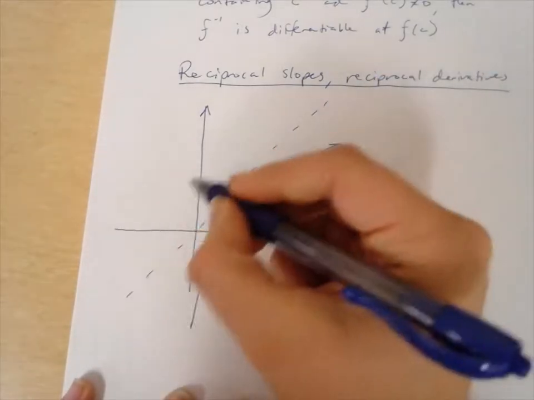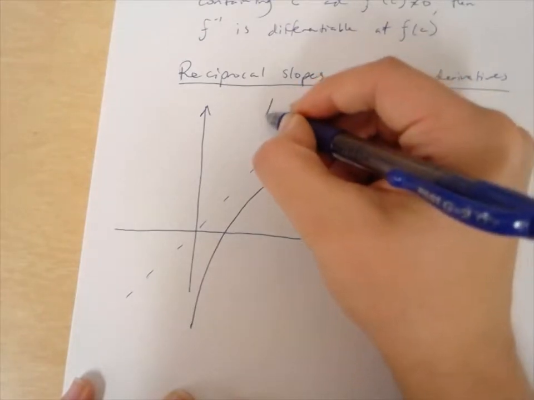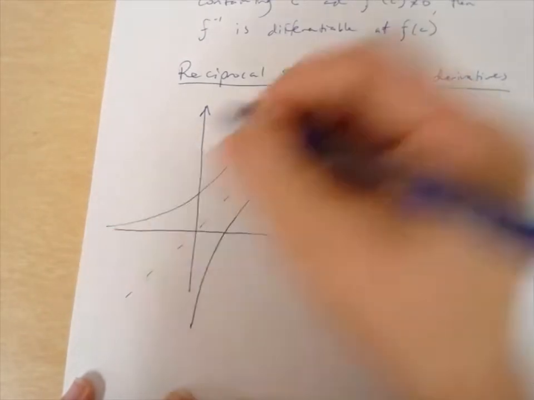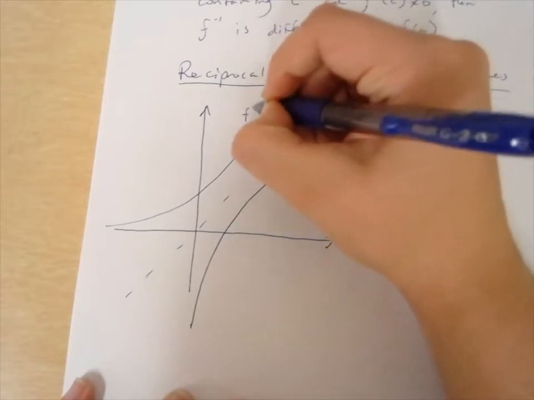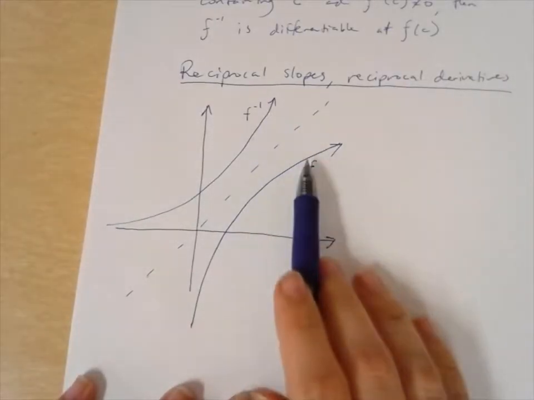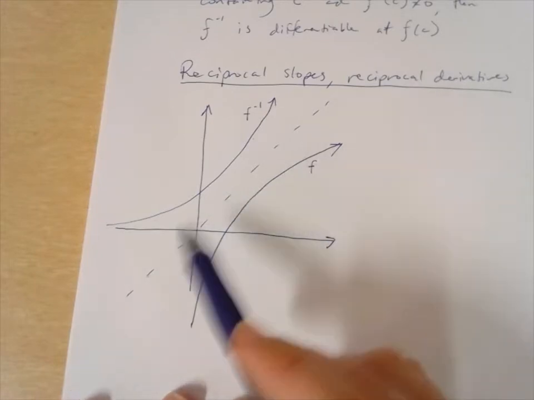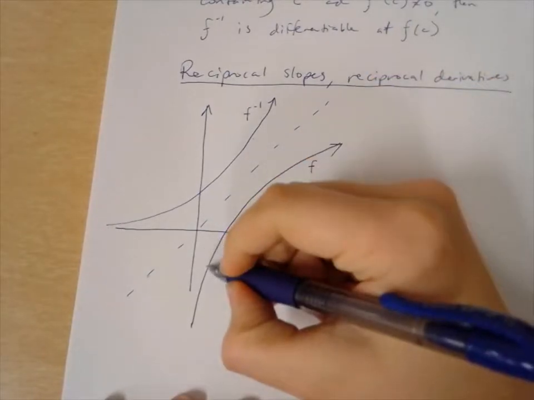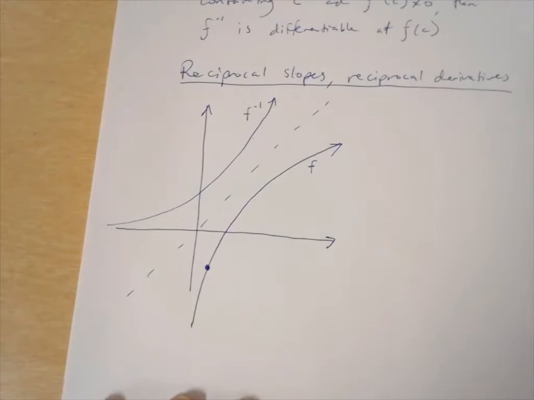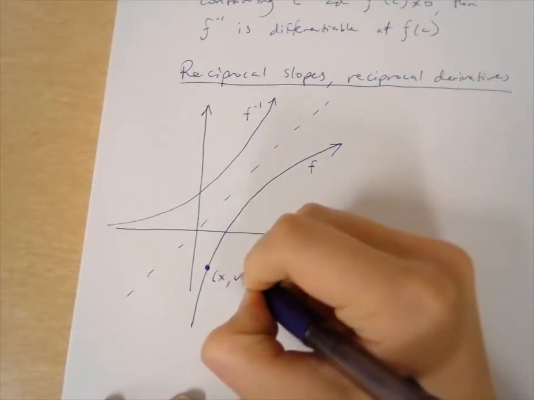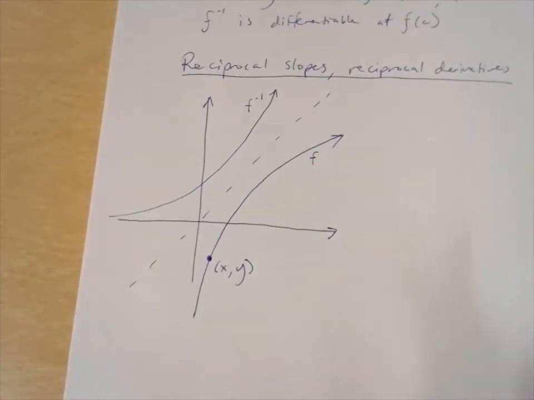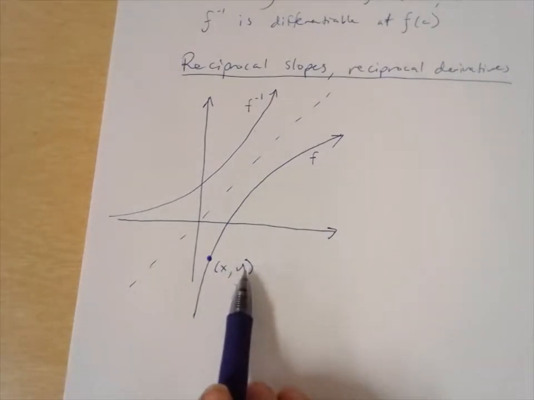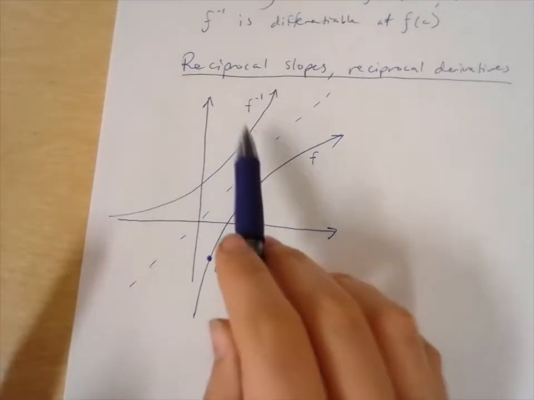We remember from chapter P4, our review of inverses, that the inverse, f to the negative 1, will reflect f over that line y = x. So it'll look kind of like this. And it's also important that we understand something. Any point x, y on our line of f will have the same values for y and x, but switched, for our inverse.